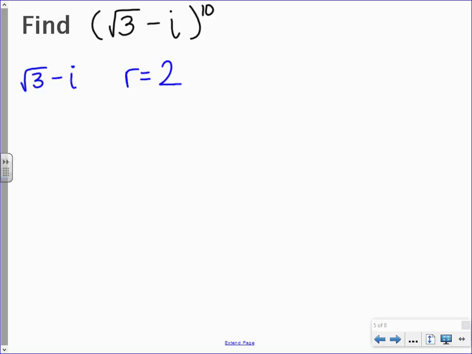Do you agree? Square root of radical 3 squared plus 1 squared would be radical 4, which reduces down to 2. Now we have the tangent of theta equals negative 1 over radical 3. Is that a familiar ratio? Yes, it is. Okay, we need to know where the tangent of theta is. I'll even help you out. Negative radical 3 over 3.